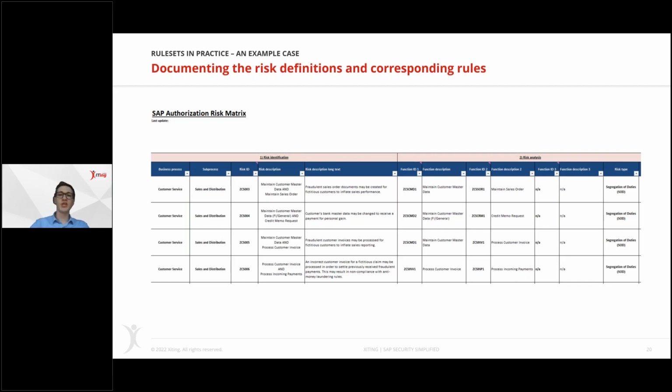There were a few more tabs with a listing of the whole authorization objects being used as part of a rule. Of course, you need to make sure this is in line with what you have in the system, so whenever you change something, it should be reflected in the documentation. But that's not something new.